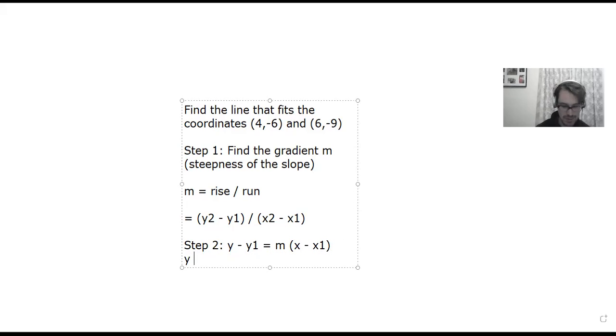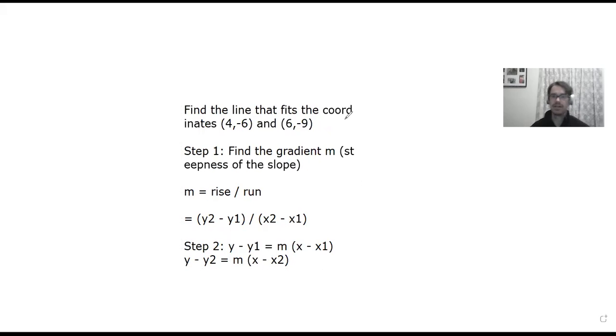We could also use y minus y2, the second y coordinate, equals m times brackets x minus x2. We'll use the first one. Once we simplify that, then we're finished. So I will do this now and I'll explain what I'm doing.